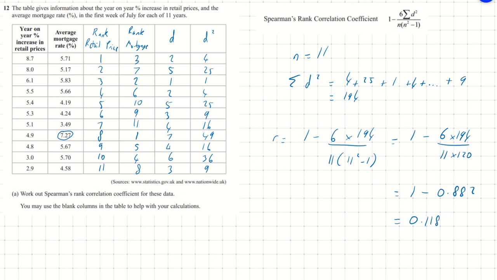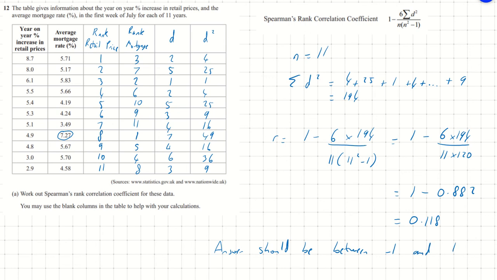which is 0.118. Now it's always worth looking at the number that we get at the end. The correlation coefficient will always be between minus 1 and 1. So if you get anything outside of that range, you've made a mistake.